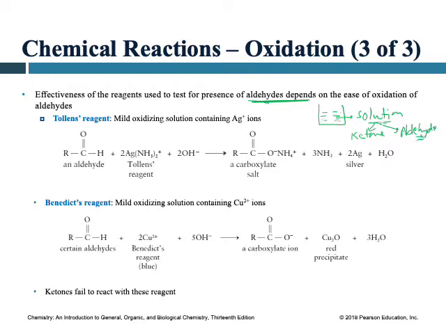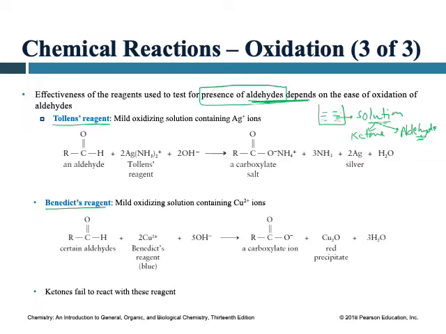There are two tests, or two reagents, to figure out the presence of an aldehyde specifically. The first test that we're normally going to do is Tollens reagent. The second test is Benedict reagent. So these two reagents normally test for the presence of an aldehyde.